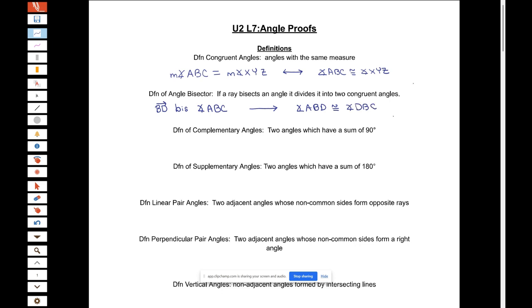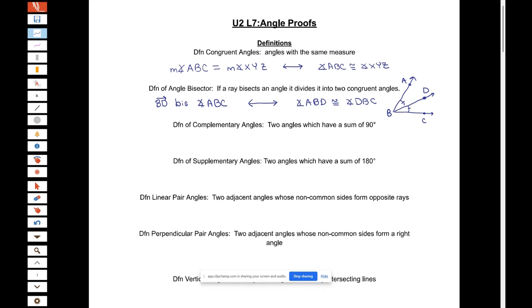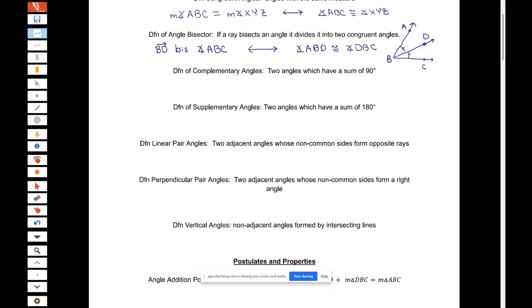Now you could draw a picture for that if that helps to understand that. So ray BD is bisecting angle ABC. So we can conclude that the two angles are congruent. The reverse is true. If you have that the angles are congruent, you can conclude that BD has to be an angle bisector. Again, definitions, biconditional.